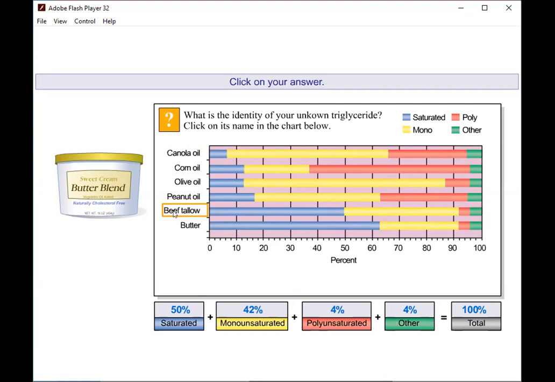So that triglyceride is identified by taking the percentages and matching them on this identification of the various types of fats and oils in foods. So you will see this in your Quizlet assignment for today's lecture, the same type of identification process.